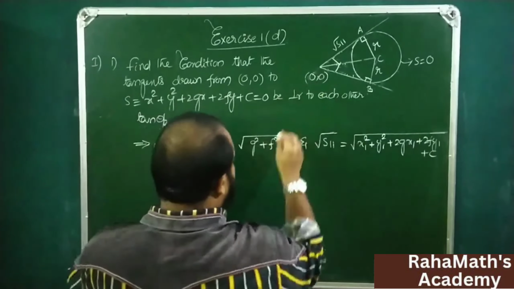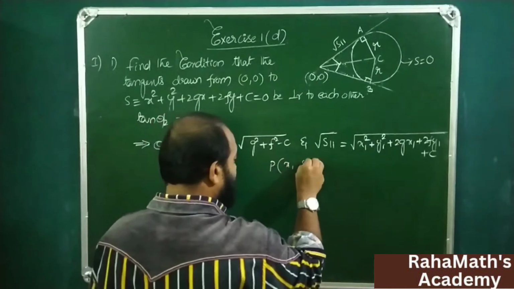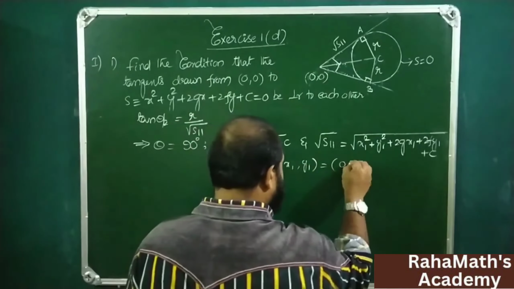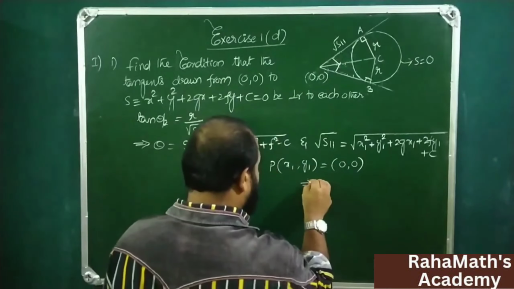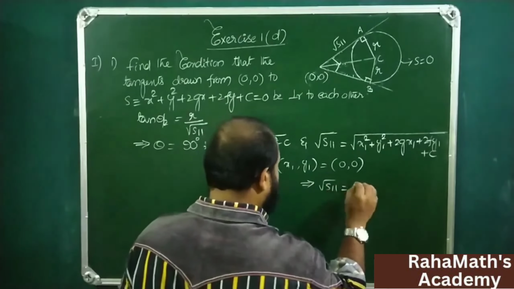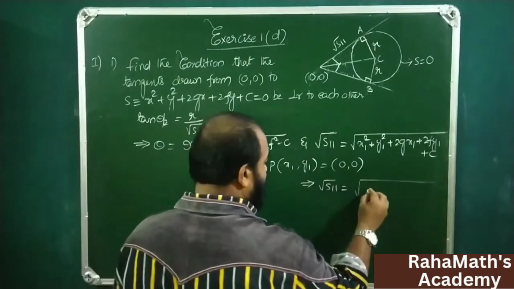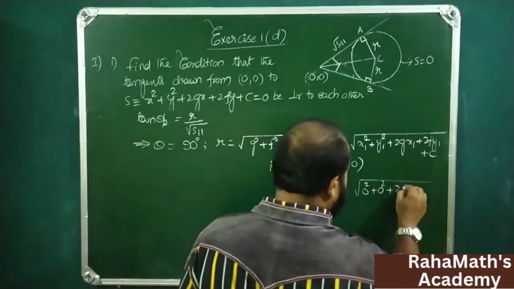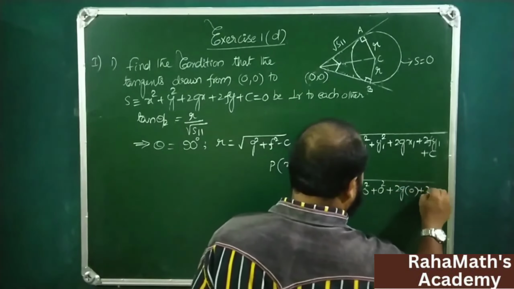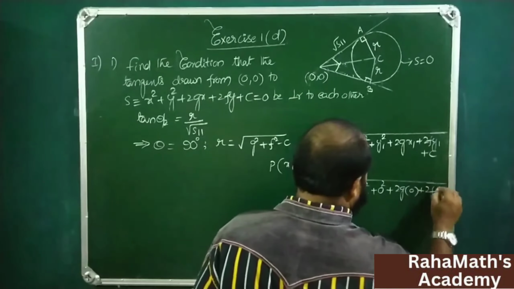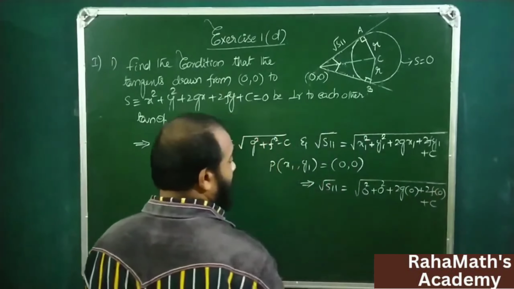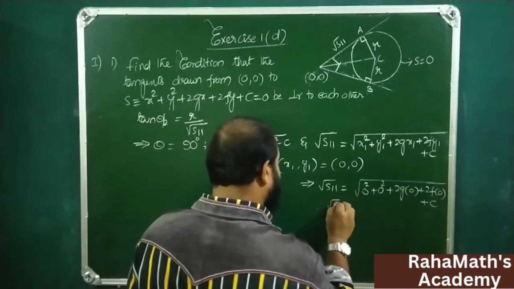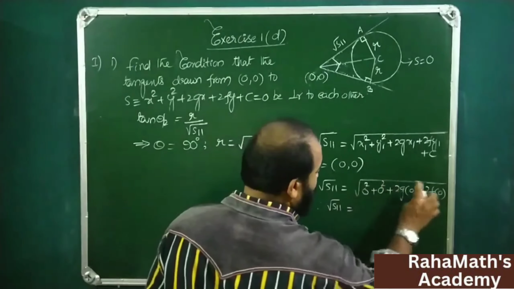The given point P(x1, y1) is (0, 0). So substitute: root S11 is equal to square root of 0 square plus 0 square plus 2g into 0 plus 2f into 0 plus c, all under root. Therefore root S11 is equal to root c.